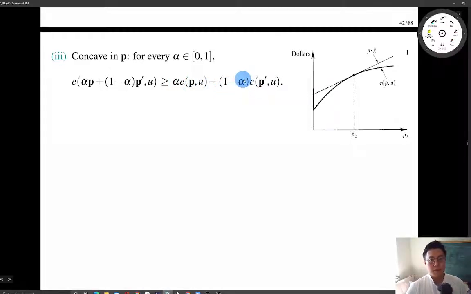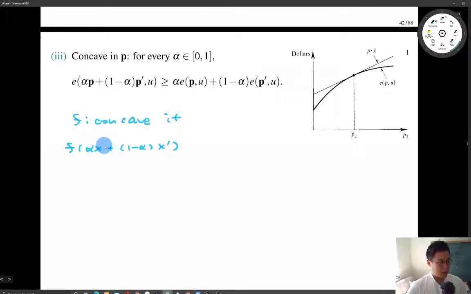So in general, we say function f is concave if f(alpha x plus (1 minus alpha) x prime), which can be interpreted as the function's value at the average bundle, is larger than or equal to the average of the function's values, alpha times f(x) plus (1 minus alpha) times f(x prime).